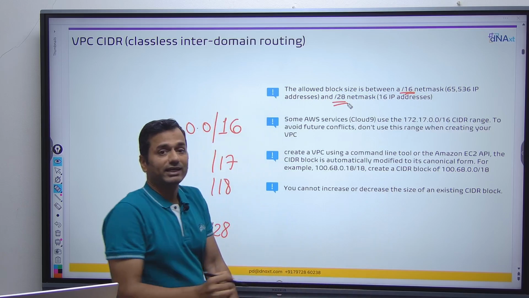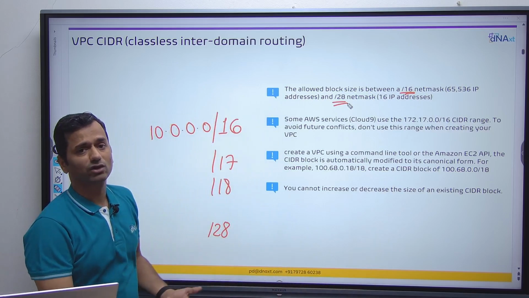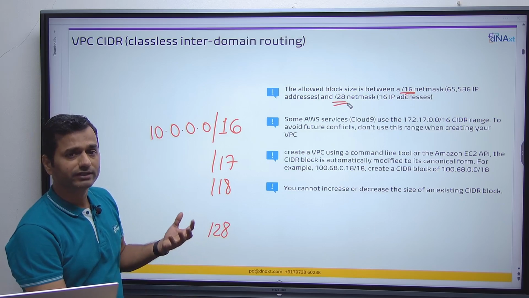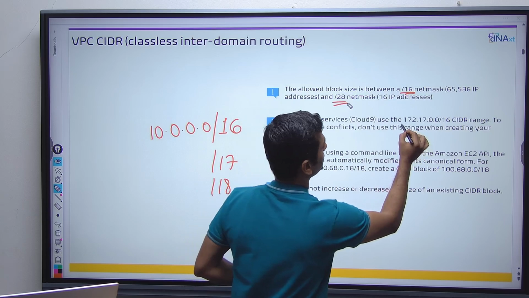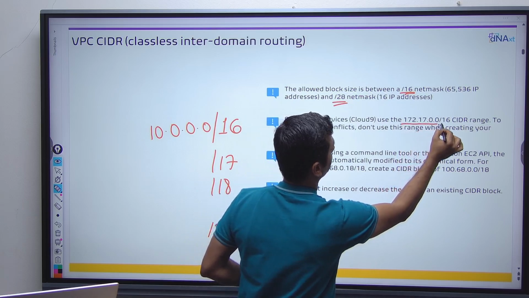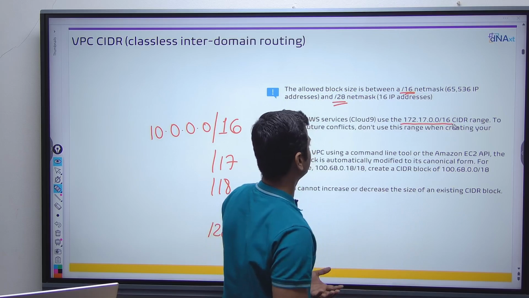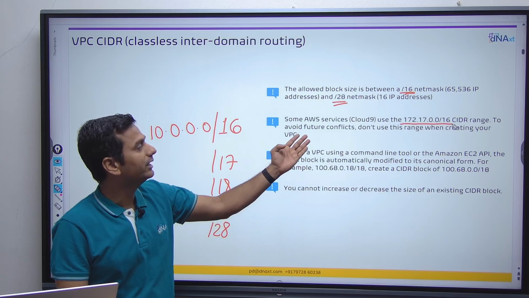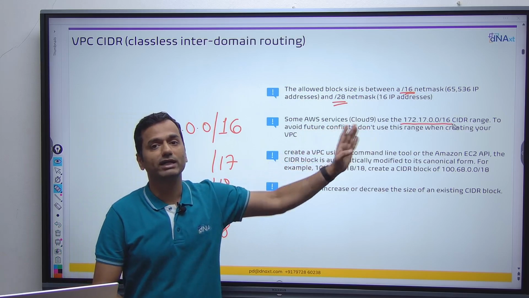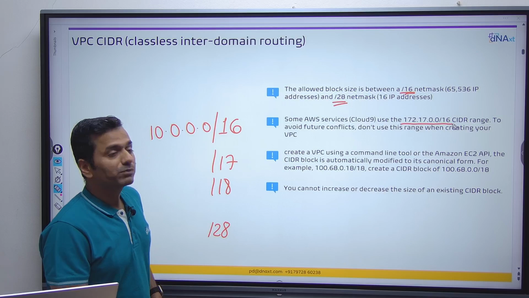Okay. There are a few addresses or subnets which are already reserved by the AWS Cloud9 service. 172.17.0.0/16. Can I use it? You can use it, but avoid it, because it's already used by the AWS Cloud9 service.